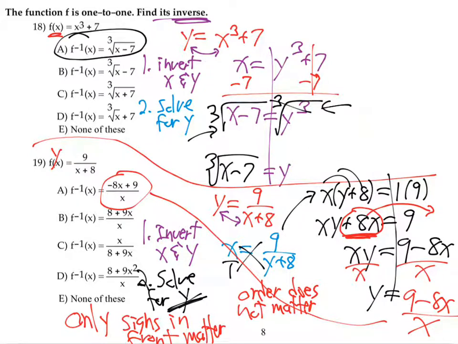So what's in front of this 9? Nothing, which means positive. What's in front of this 9? Same thing, positive. What's in front of this 8x? Negative. What's in front of this 8x? Negative. So those are the same exact signs in front. It's the same. A is our answer.